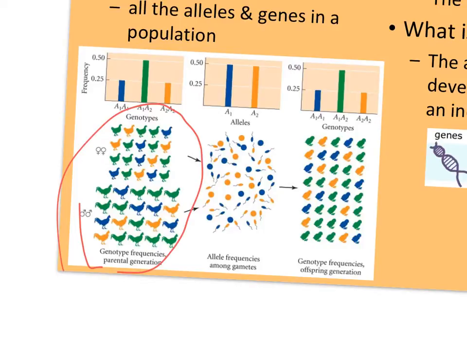Now, there can be thousands of alleles, different variants of the same gene. The thing is, everybody in here has 2 alleles. They have one from their mom and one from their pop. Okay?